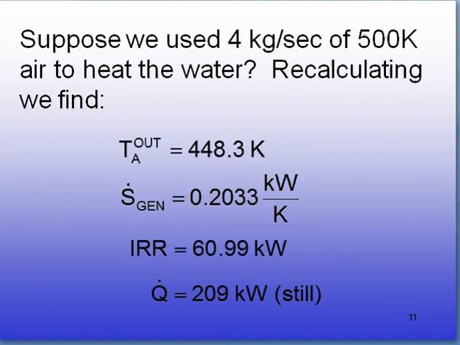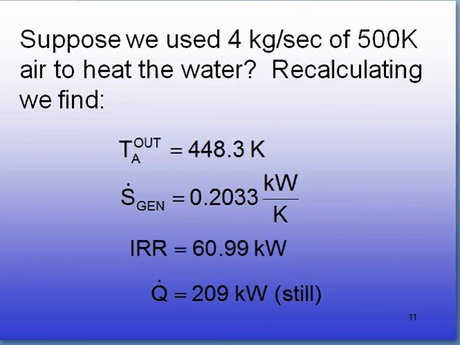Now suppose we used 4 kilograms per second of air at 500 K to heat the water, and recalculating we find that T out is 448, still drops by the same amount, but now I'm using higher temperature air to heat the water. Same amount of air but higher temperature, so now it's at a higher potential and it really has a higher quality.